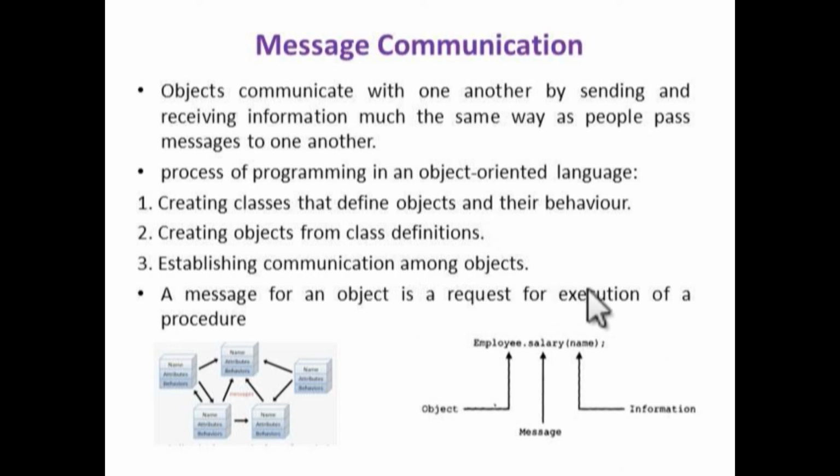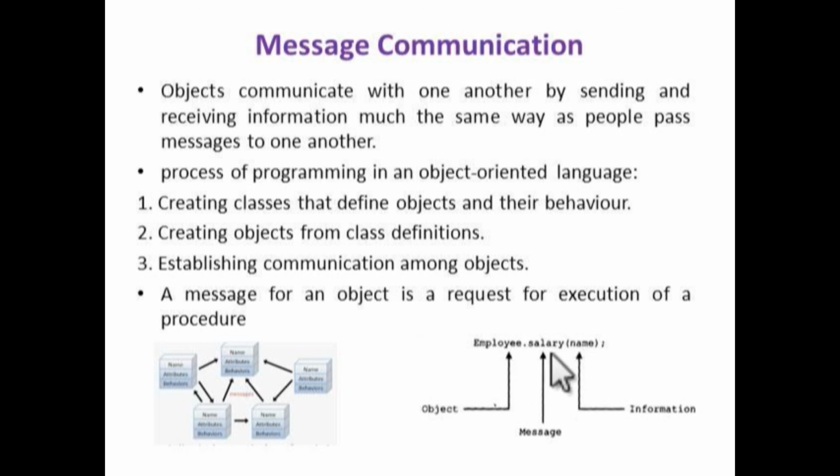Here I am showing one example of the class employee. It has a method salary. While calling this method, we have to use the object name. Here employee is an object name. Then we provide the dot operator, then we call the method salary. If you want to give any argument to the method, we can give it here.